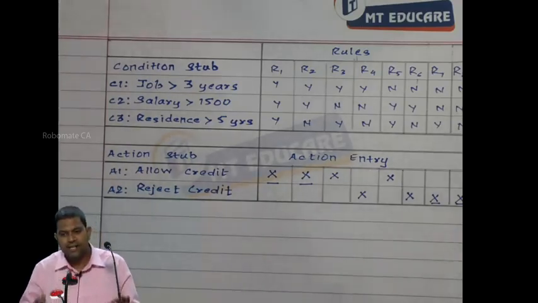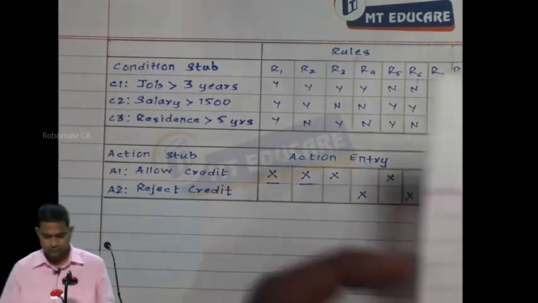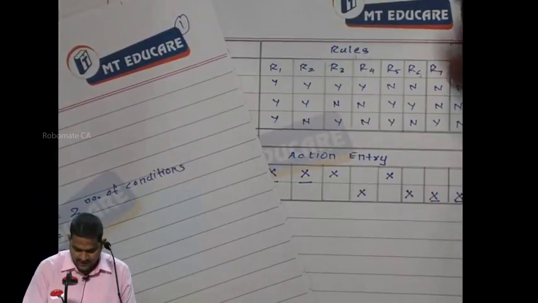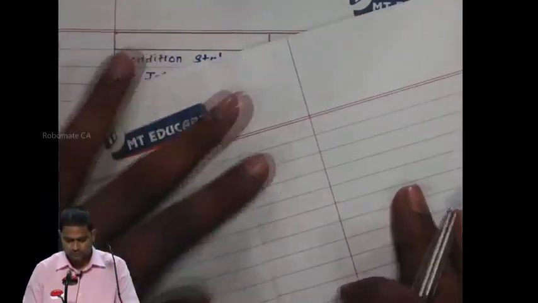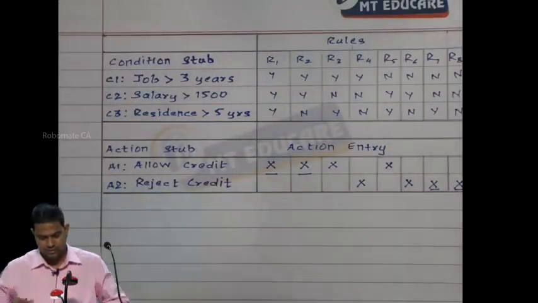Again, the same thing is required to be done. This was the first thing we did. This is the second page. A, B, C. Now I am going for the D part.